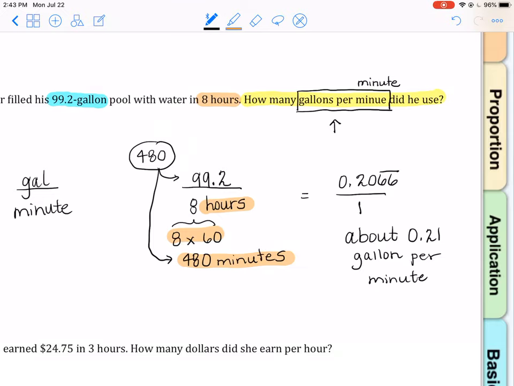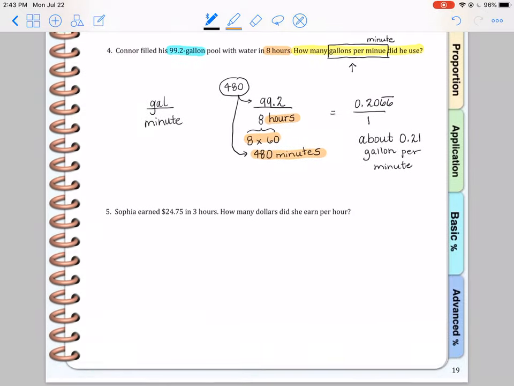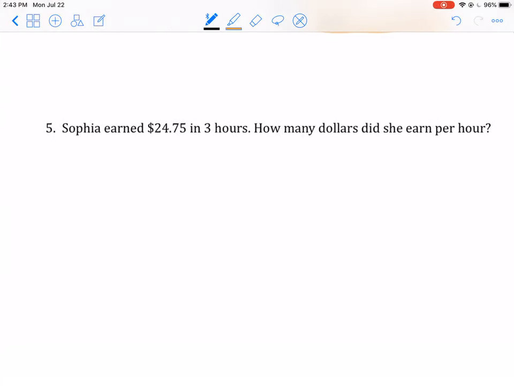Okay, let's look at the last problem here. Sophia earned $24.75 in 3 hours. How many dollars did she earn per hour? So highlight your question and then look for your clues. And it's right there.